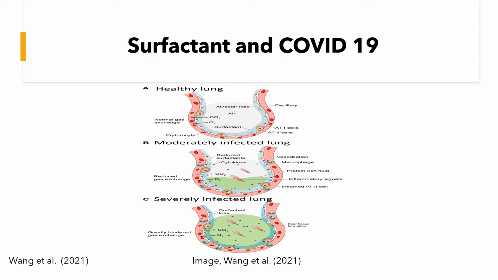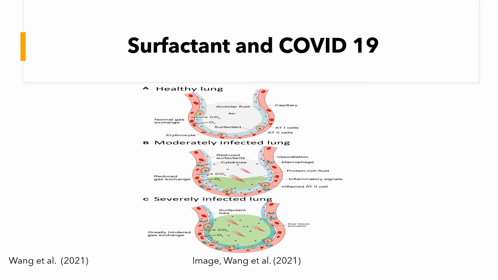And the V shows you a moderately infected lung, where you have reduced gas exchange because you have some swelling, some inflammatory responses. You have vasodilation of your capillaries. You have some macrophages here. You have protein down here in the fluid.